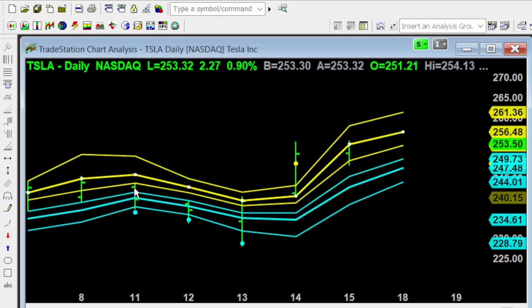On Monday, you see it opened below this bottom yellow trend line. If it opens below this trend line, it has a tendency to decrease in price, even down to this bottom blue trend line and down to this blue dot. I already explained this method in the last video.